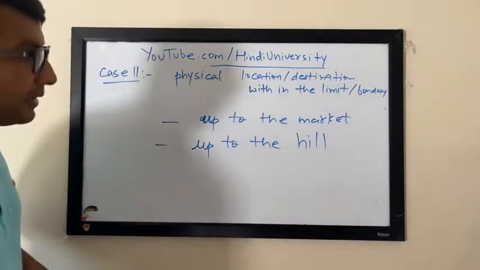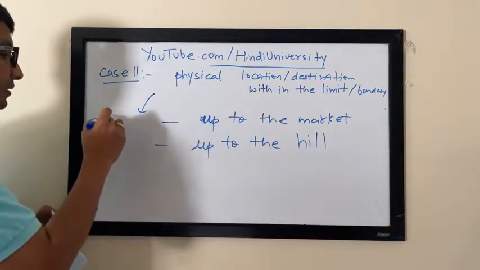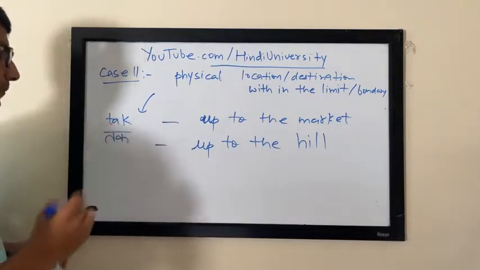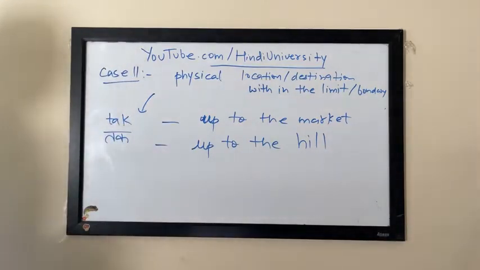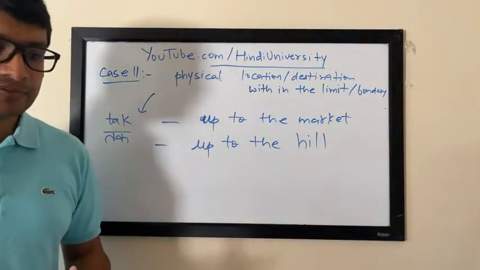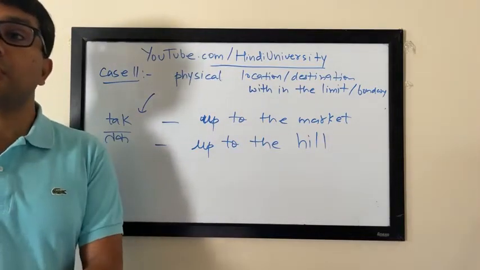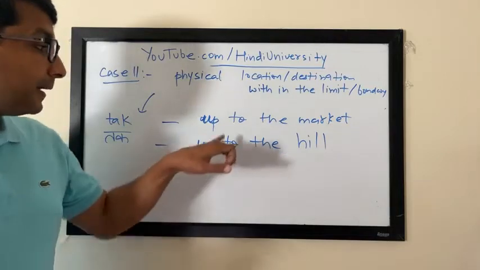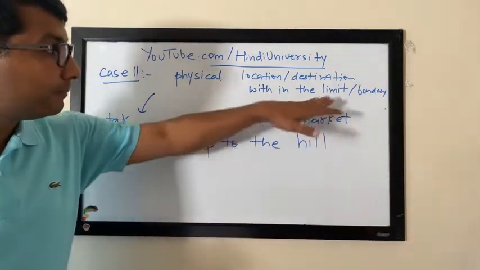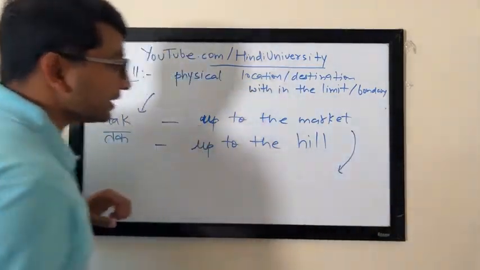There you'll end up using the postposition tak. In the past, the simple cases we said were like till 2 o'clock, 2 baje tak or 3 baje tak. Same thing if you want to go up to this boundary or limit. The example is up to the market. How will you say that?